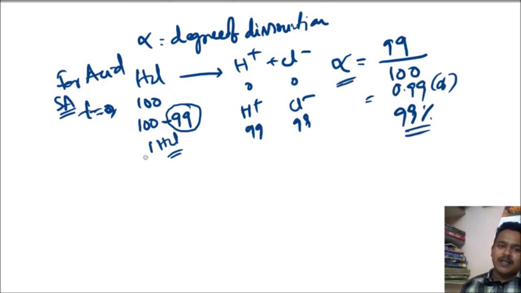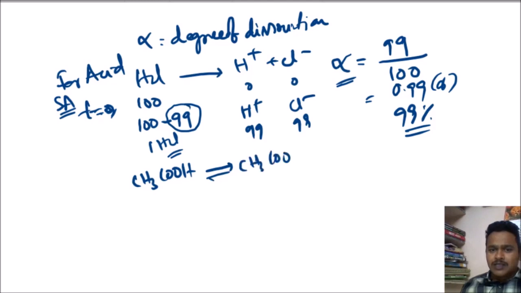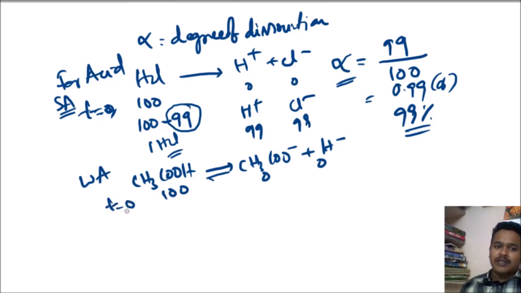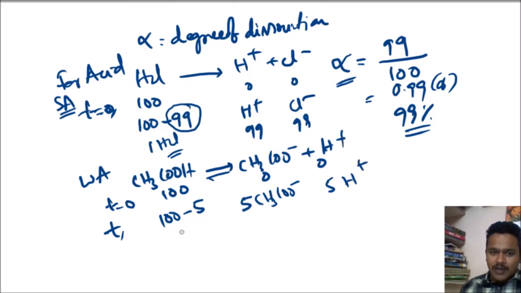For a weak acid like CH3COOH, it dissociates into CH3COO minus and H plus. I know it is a weak acid, so initially you take 100, and after some time out of 100 only 5 acetic acid molecules convert, giving 5 CH3COO minus ions and 5 H plus ions. 95 remain without ionizing.